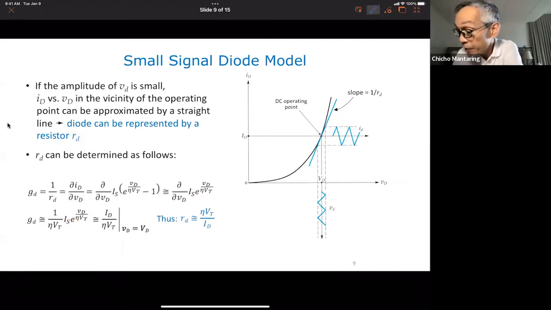This is just equal to your diode current. So my conductance is this. Now I have to evaluate that at V sub d equal to capital V sub d. So I evaluate that at this point. And this is what I get finally.